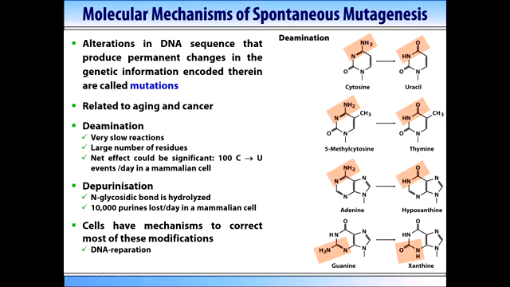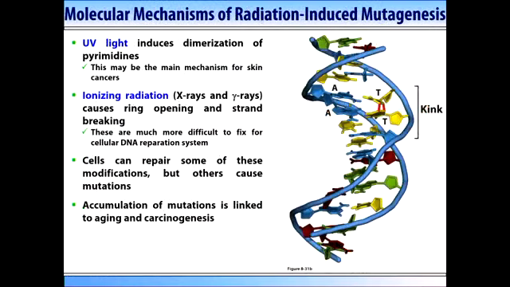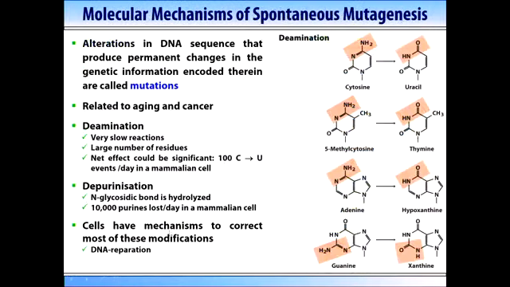Exactly, because uracil is not a normal part of the DNA, and as a result, it's very easy for Mother Nature to invent an enzyme that looks for uracils in the DNA and immediately changes them back to cytosine. That's exactly how it happens. There could also be depurinations or other types of damage. If this is not fixed, only then will it turn into a mutation.